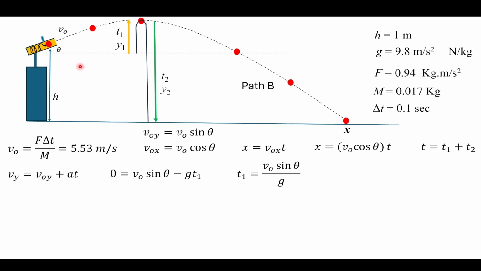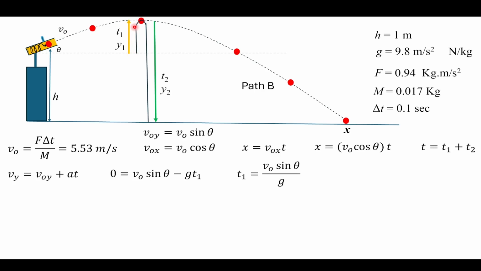Now the initial velocity for the ball to travel upward is the component of V0 along the vertical axis, V0 sine theta. So v0y then is v0 sine theta, plus acceleration. The only force acting on the ball when it's traveling upward is gravity.